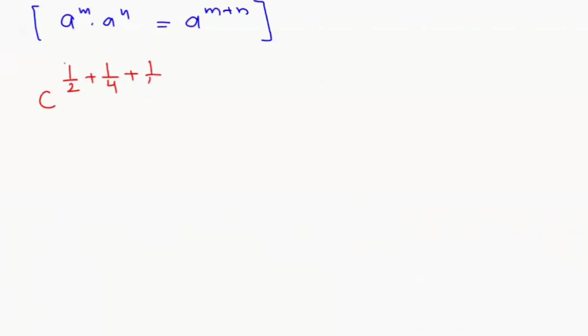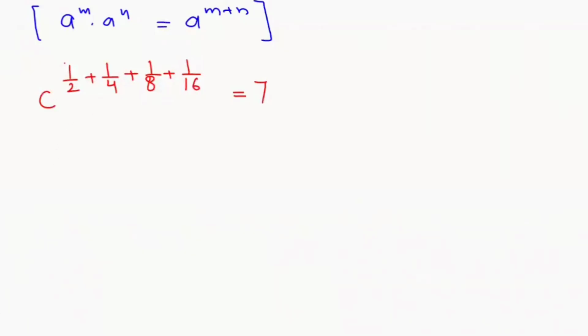Now here I'm going to apply the exponential rule, that is a to the power of m times a to the power of n can be written as a to the power of m plus n. So that equation turns to c to the power of 1 over 2 plus 1 over 4 plus 1 over 8 plus 1 over 16 is equal to 7. Now here I'm going to take the LCM of all these 2, 4, 8, 16.